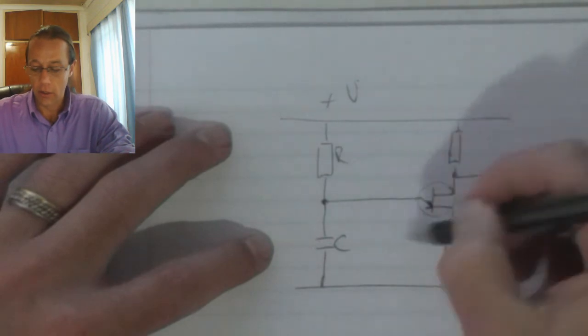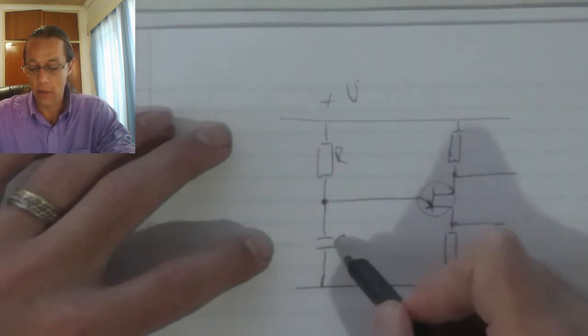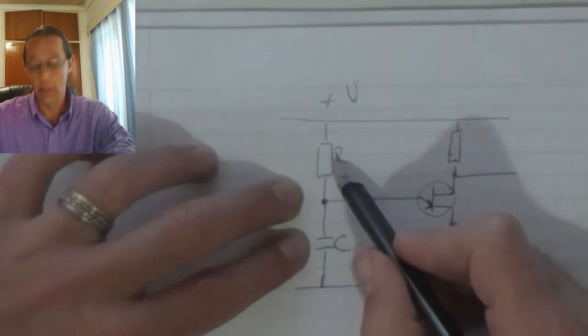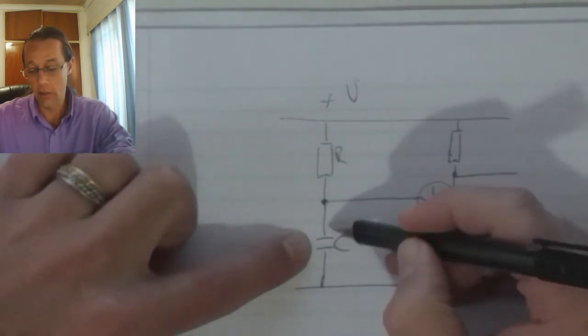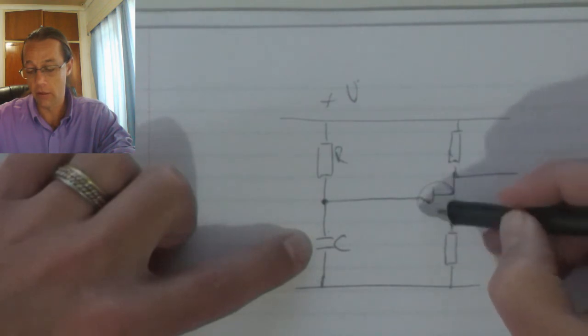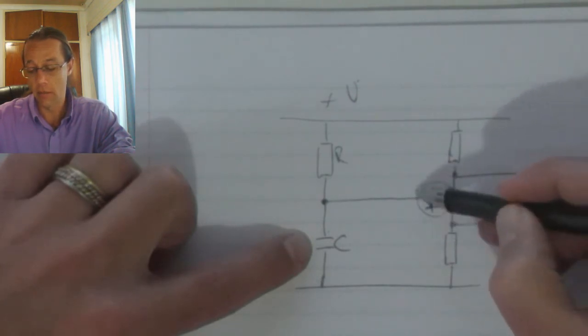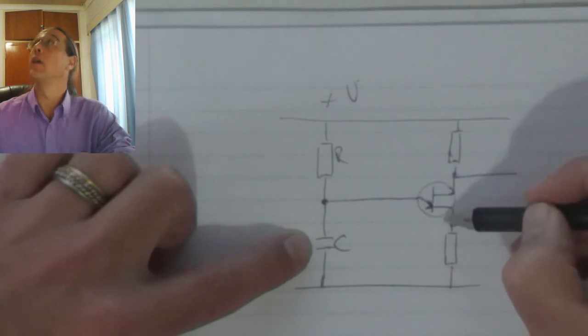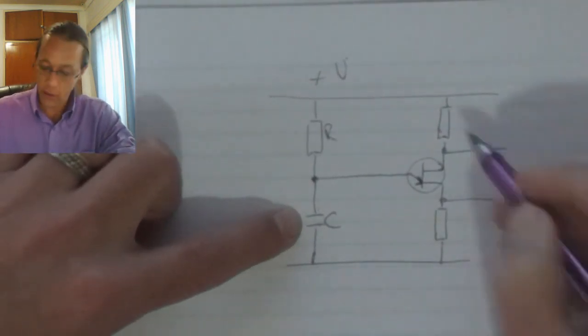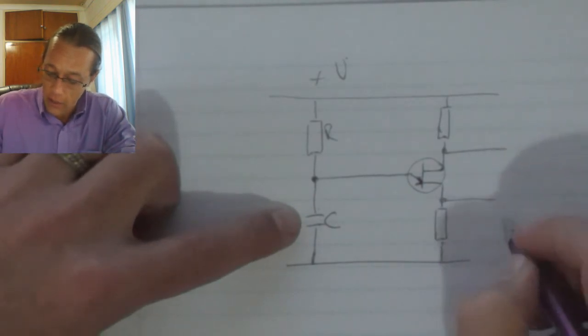When I connect this circuit, this voltage on the capacitor is going to increase because it is charging through the resistor. That means that the total voltage across the resistor and the base emitter junction increases. During that time, there's no change in the amount of current flow.